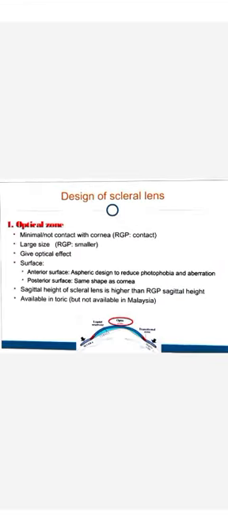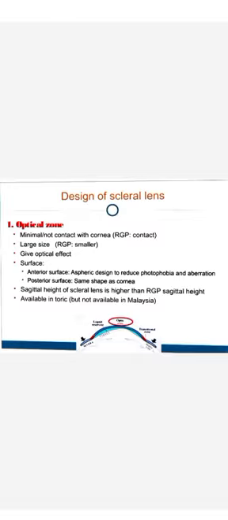The designs of scleral lenses include corneal clearance, haptic zone, optical zone, and transitional zone. For the optical zone, there is minimal or no contact with the cornea. Compared with RGP, the scleral lens is large and the RGP smaller.